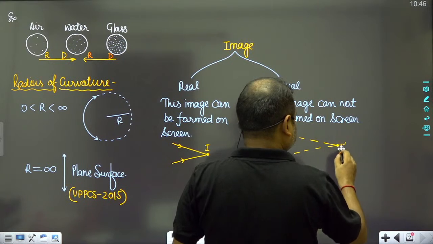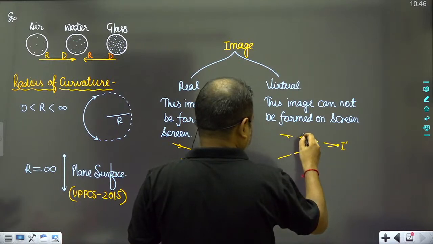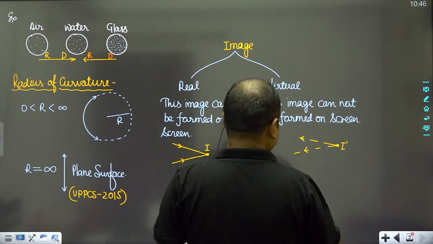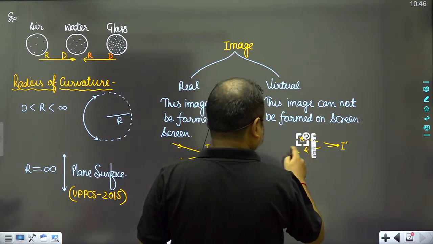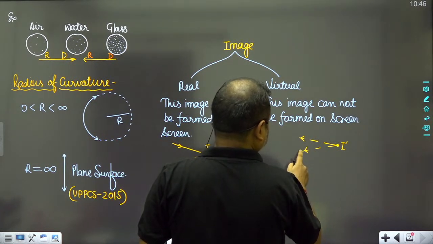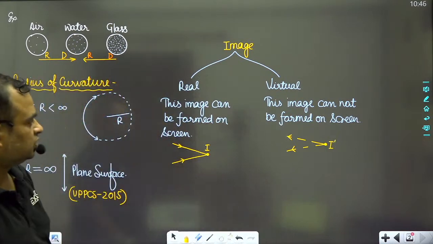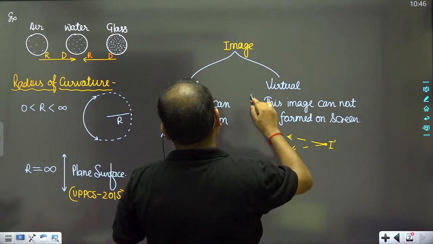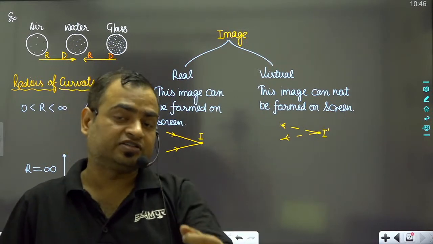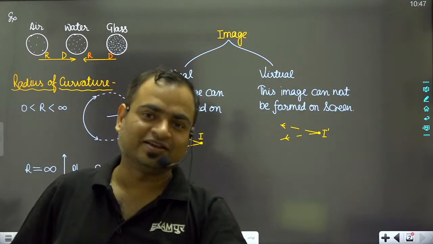Okay, so this is a virtual image, and I will let you know about those mirrors or lenses and those conditions in which a virtual image is formed in future, meaning in the upcoming lectures.